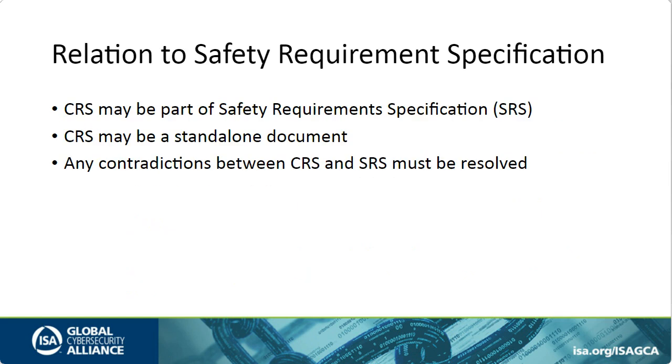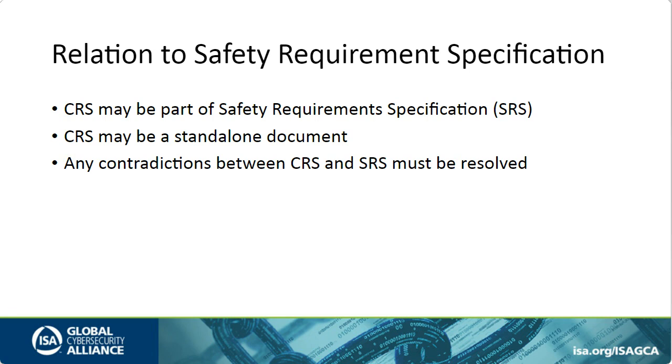In the safety world, there's a thing called a safety requirement specification that is doing the same thing for safety that we're doing here for cybersecurity. The cybersecurity requirement may be part of the safety requirement specification, or it could be a standalone document.